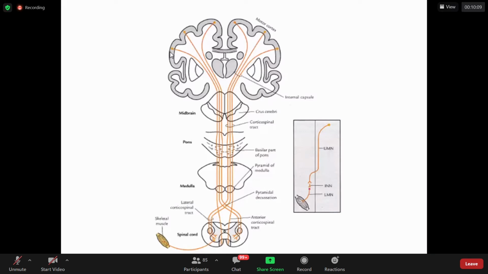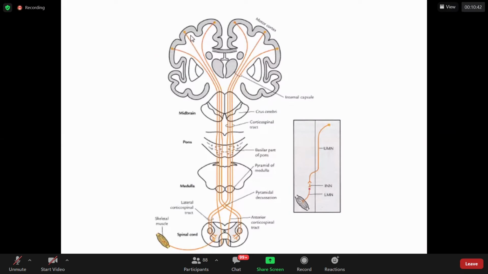Upper motor neurons, of course, are the pyramidal cells of the cerebral cortex and their axons, right? But some cells start from the basal ganglia, a part of the cerebrum, and they are also present in the brainstem.